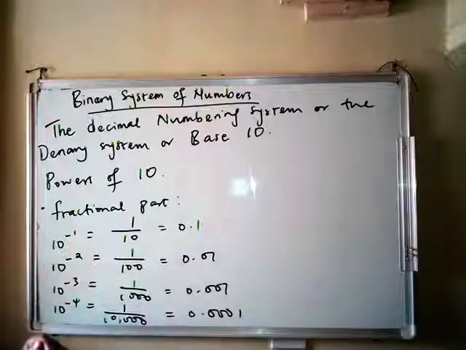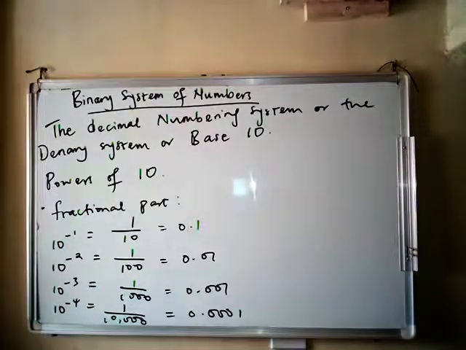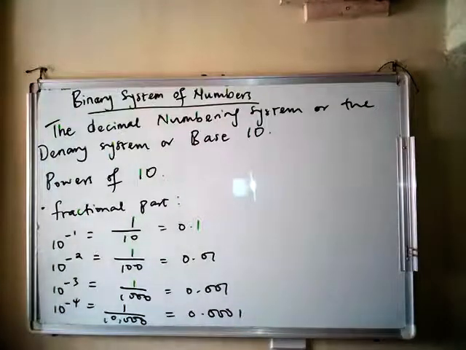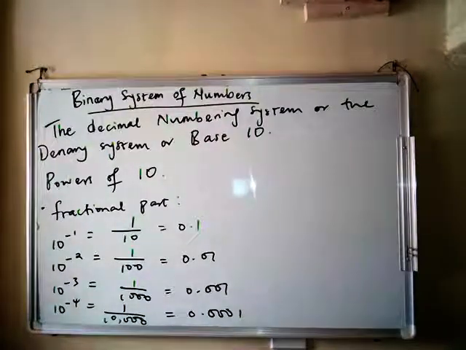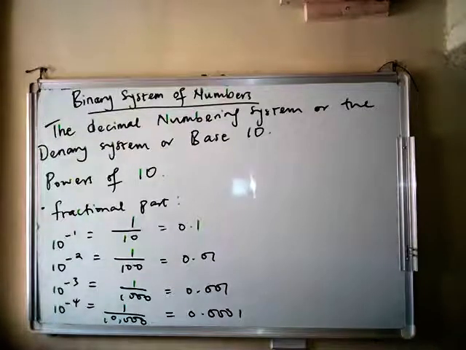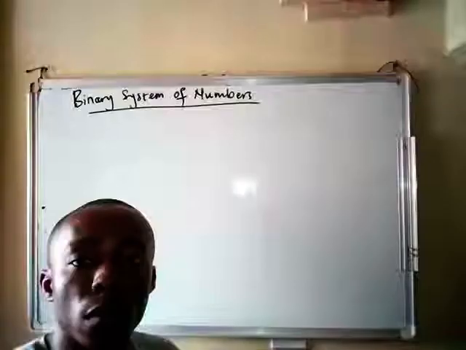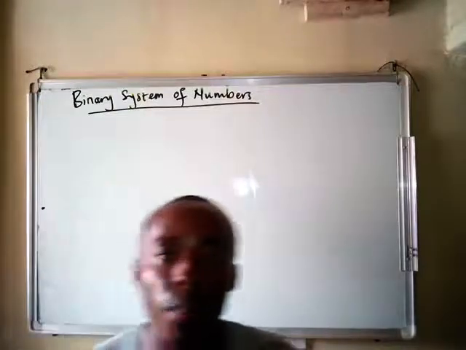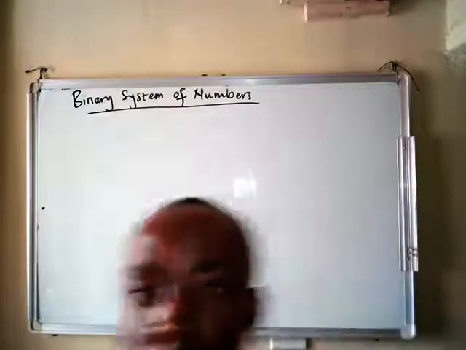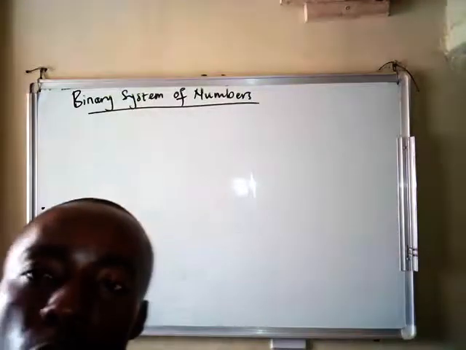Now for the fractional part, for example, you have 10 raised to power minus 1, 10 raised to power minus 2, 10 raised to power minus 3, 10 raised to power minus 4. And you know that according to your indices, this is 1 over 10, 1 over 100, 1 over 1000, and 1 over 10,000.